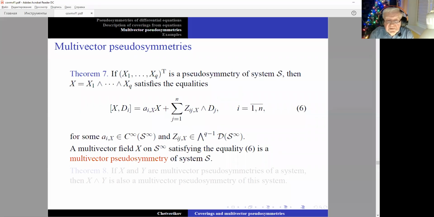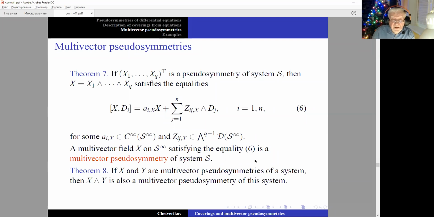A multivector field X on the infinite prolongation of S satisfying equality 6 is called a multivector pseudosymmetry of system S. If X and A are multivector pseudosymmetries of a system, then the wedge product of X and A is also a multivector pseudosymmetry of the system.